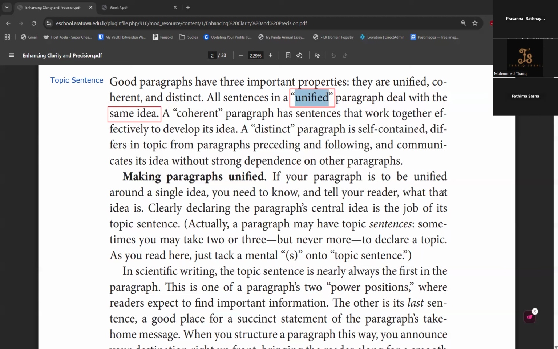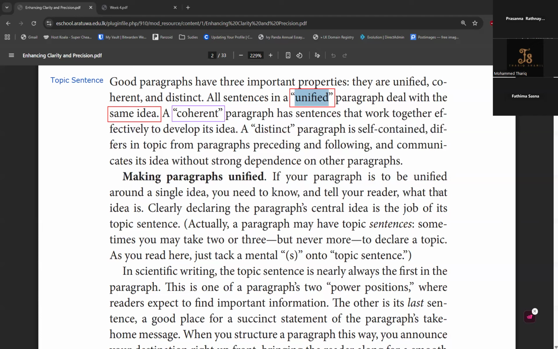Okay, let's move on. A coherent paragraph has sentences that work together effectively to develop its idea. Now, I want you to take the next point. What is it? Coherent. What do you mean by coherent? A coherent paragraph, what happens, Tariq?